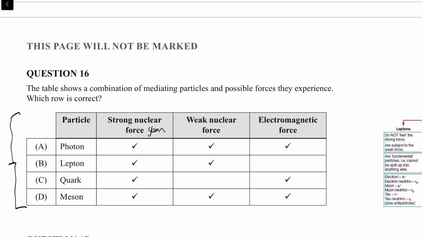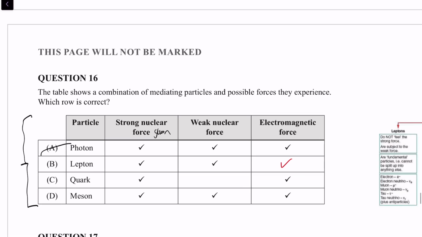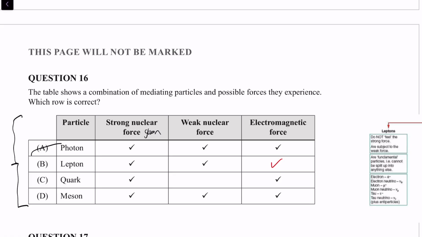Okay, so it's not a lepton, same thing. You really need to put a tick on the electromagnetic force for leptons because they have a negative charge and stuff like that. For those like electrons, so electron is one of the leptons, so no, not really.